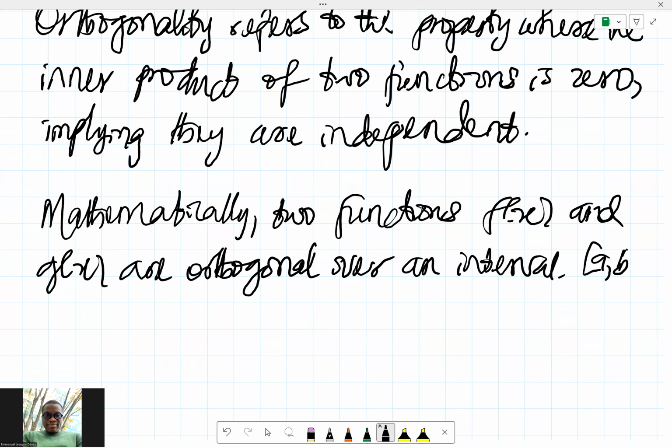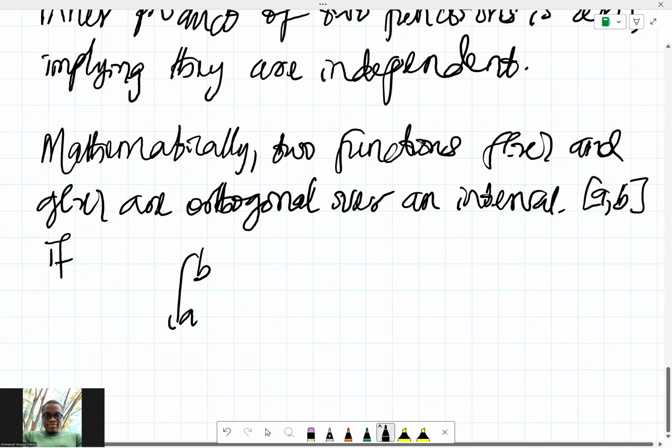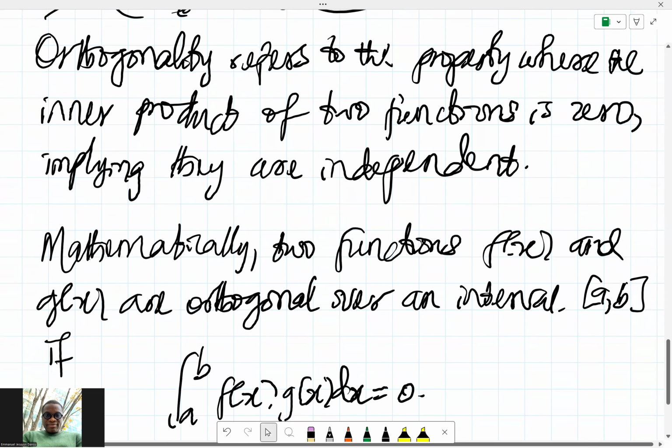This is a closed interval for that matter. They are orthogonal if the integral from a to b of f of x times g of x dx is equal to 0. So if you integrate the product of two functions and you get 0, then you can say the functions are orthogonal. Okay?